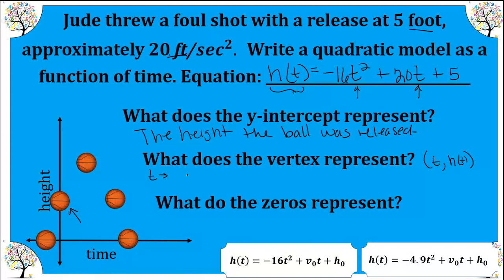So the t portion of our vertex is the time it takes for the ball to reach the maximum height.